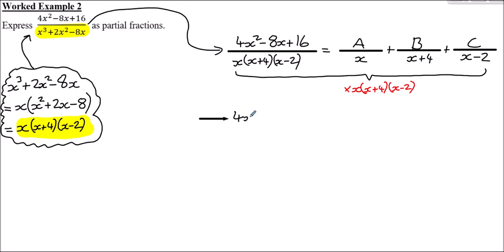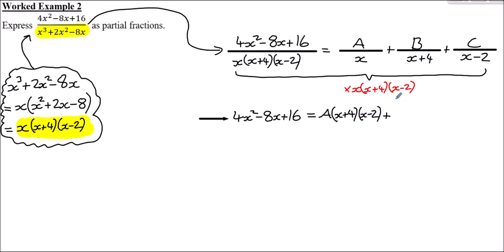So over here we have 4x squared minus 8x plus 16, and on the other side we're going to have a divided by x times x will cancel, so it's going to be left with a multiplied by these two brackets, the x plus 4 and x minus 2.